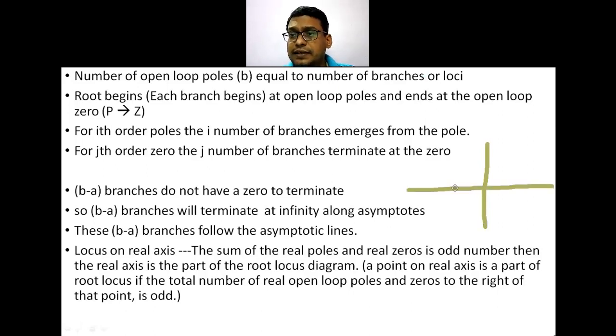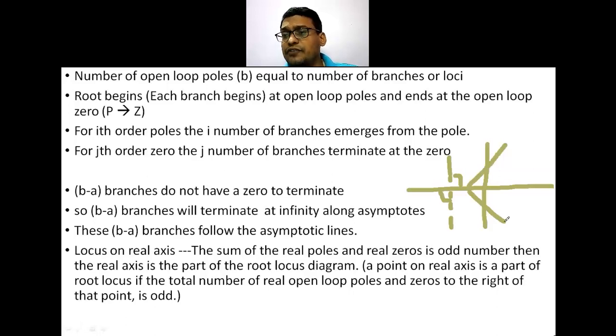On the axis there can be branches as well as asymptotes. Asymptotes are shown with dotted lines. Generally they can be vertical, that means at an angle of pi by 2 or 3 pi by 2, or there can be different asymptotes forming angles like pi by 3 or 3 pi by 3.